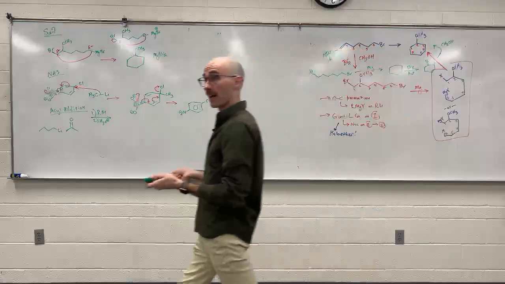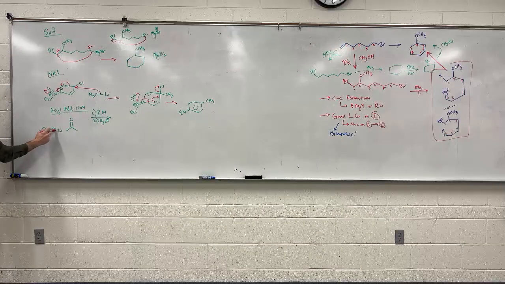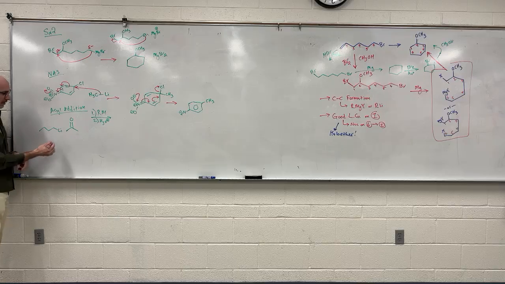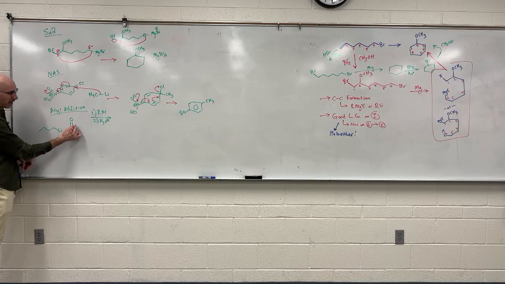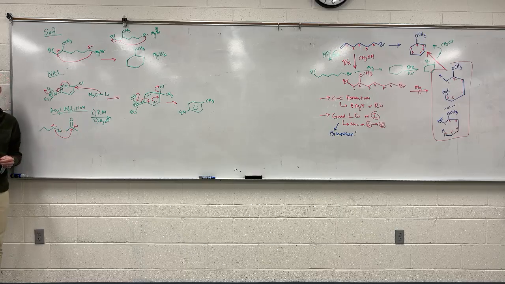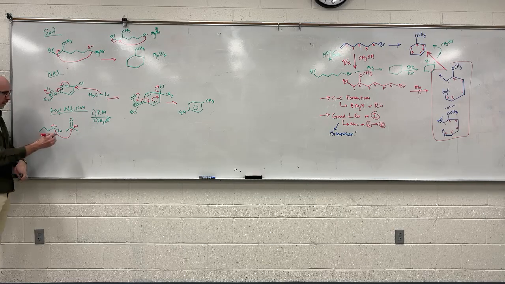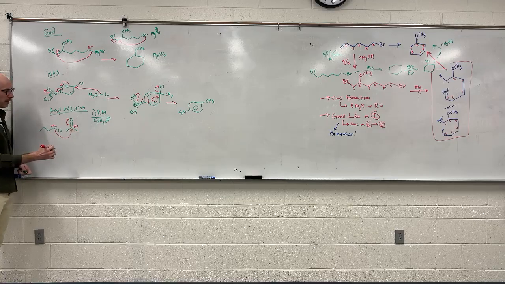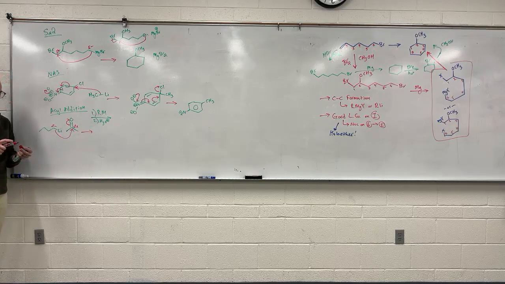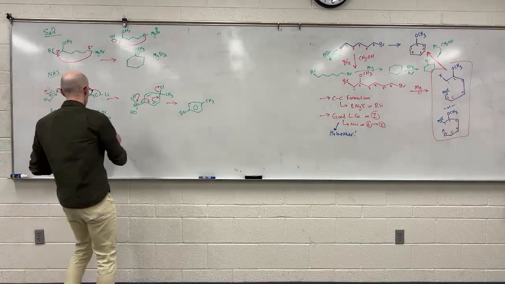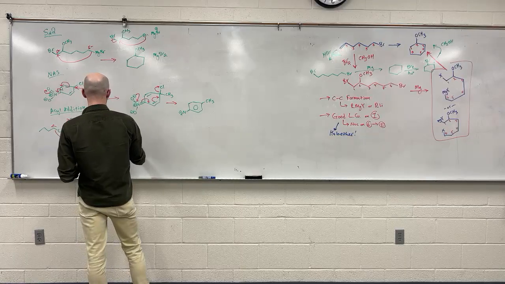My nucleophile, again, is that carbon to metal bond. And this time, my nucleophile attacks the partial positive of the carbonyl carbon and breaks the pi bond open to oxygen. So that leaves an intermediate for me.